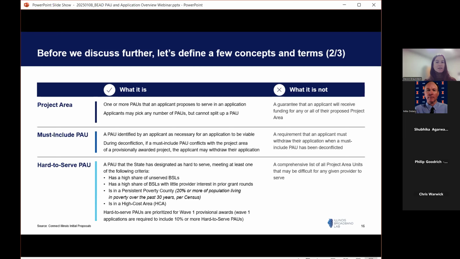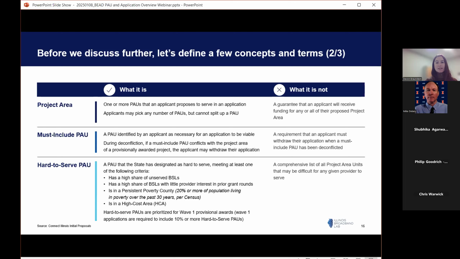Next, we have a hard to serve PAU. As I mentioned, this comes into play only for wave 1. A PAU is designated as hard to serve if it meets at least one of the following criteria. It has a high share of unserved locations. It has a high share of locations with little provider interest in previous grant rounds.